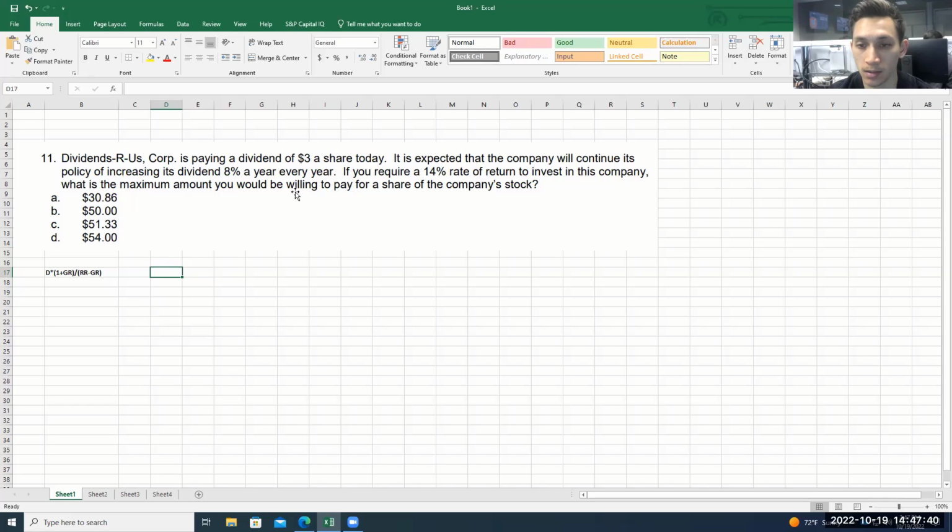I like to go ahead and note down everything that I've been given in the problem. Makes it a lot easier to read, see, and plug into my actual formulas. So it says they're paying a dividend of $3 a share today. I'll note that dividend will be $3.